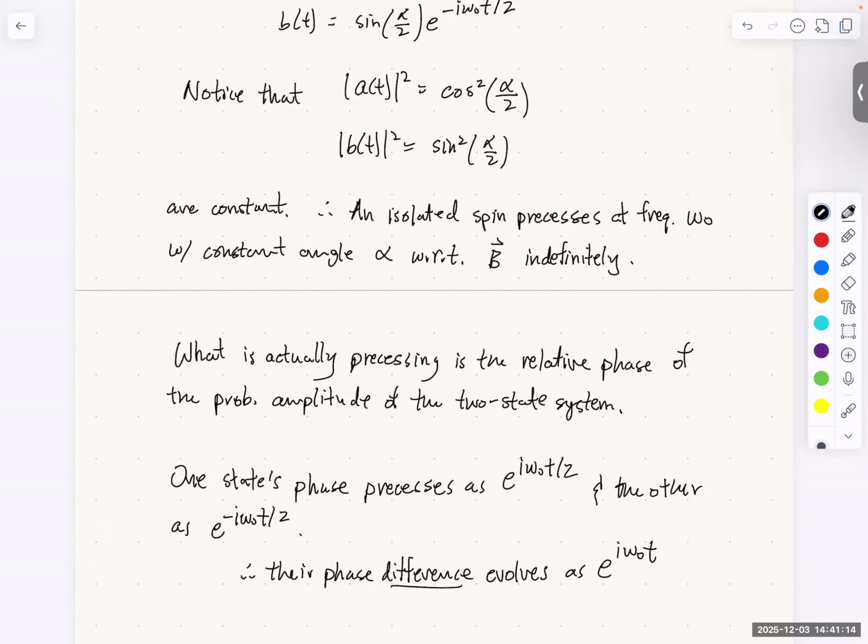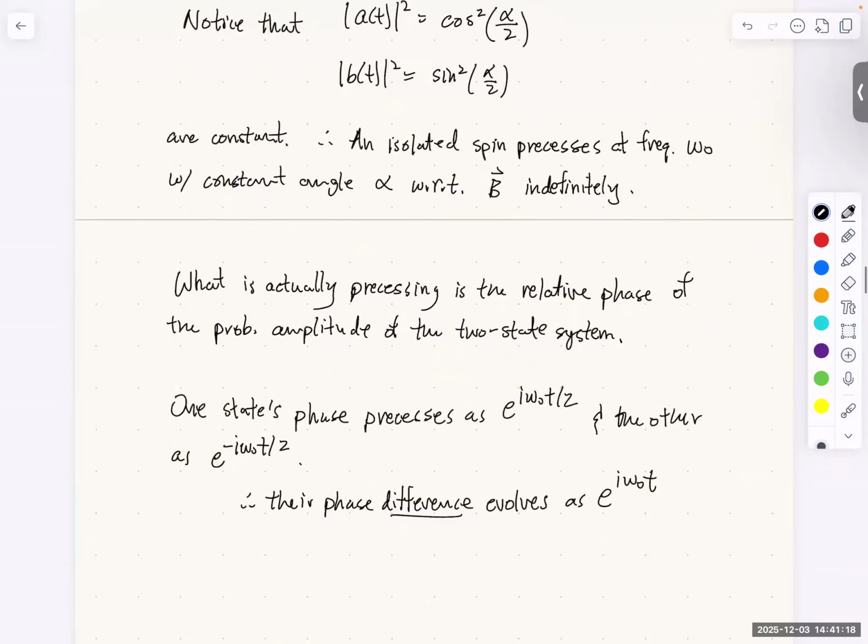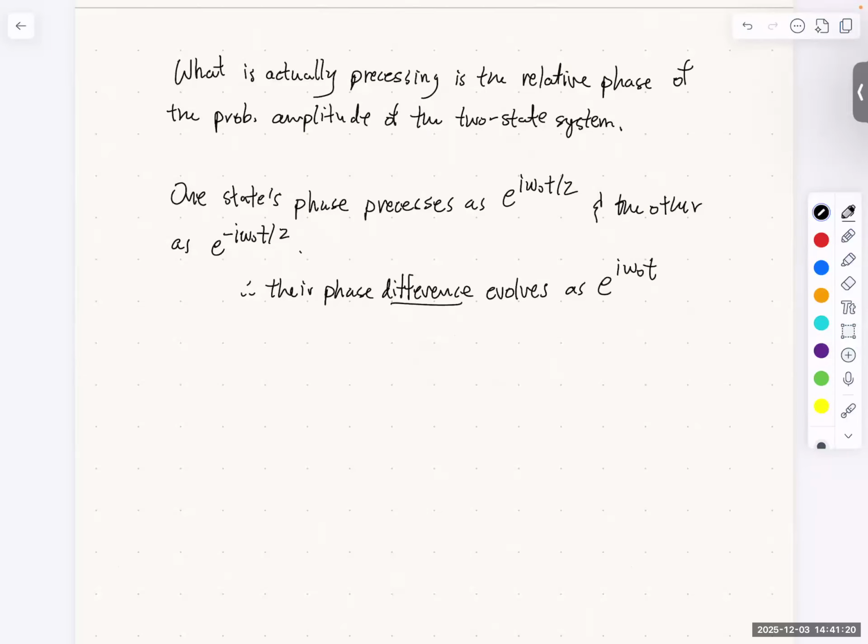Okay, so I want to connect this to something real. I think I mentioned it in the last class about MRI and NMR.